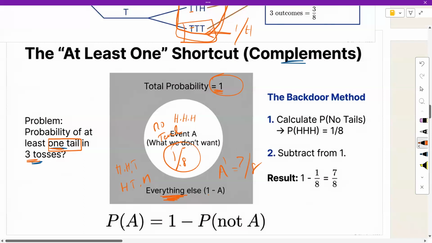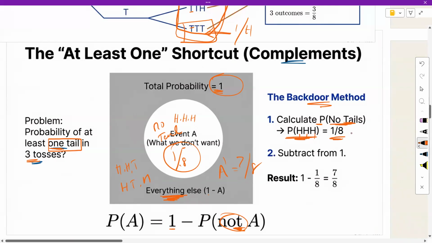So the probability of A is 1 minus the probability of not A. Here the term is not A. The shortcut method: calculate the probability of no tails. What's the outcome here? Getting all heads means no tail.